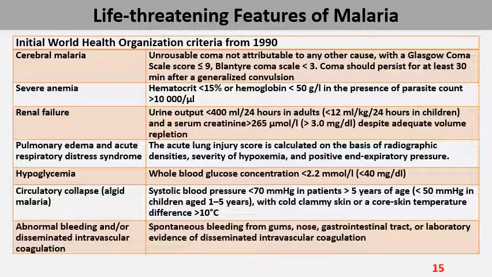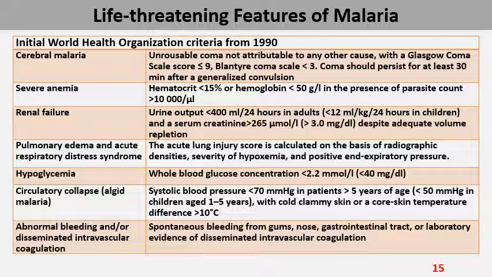This is defined as systolic blood pressure below 70 millimeter of mercury in children above 5 years of age, or systolic blood pressure of less than 50 millimeter of mercury in those aged 1 to 5 years, with cold clammy skin or core-skin temperature difference of greater than 10 degrees Celsius.